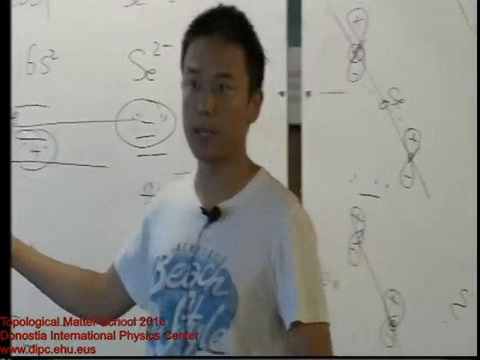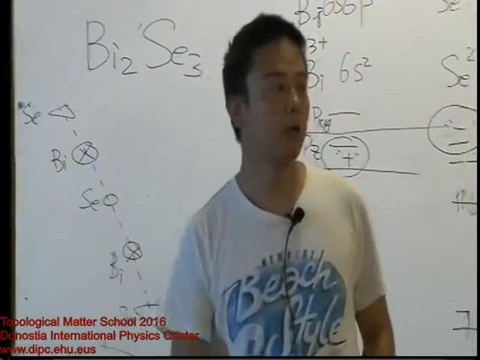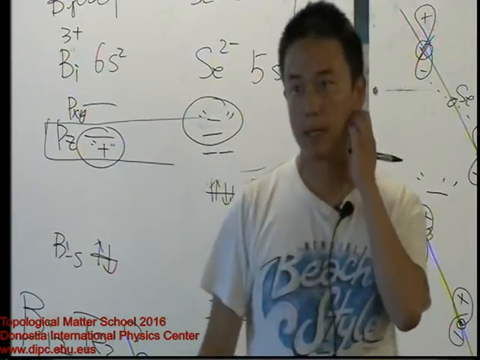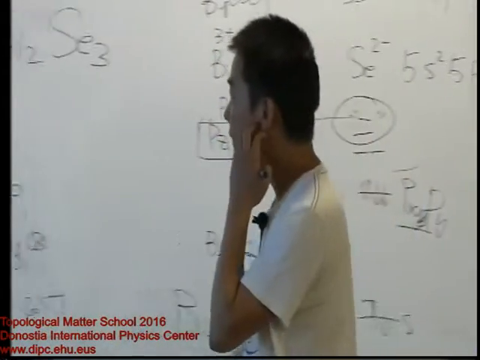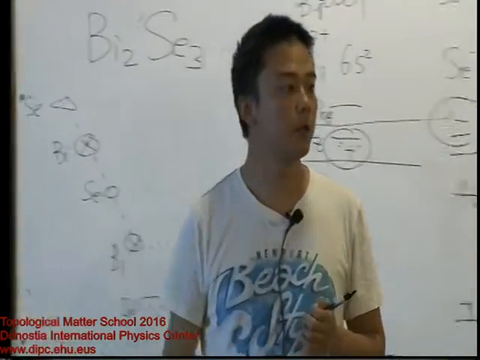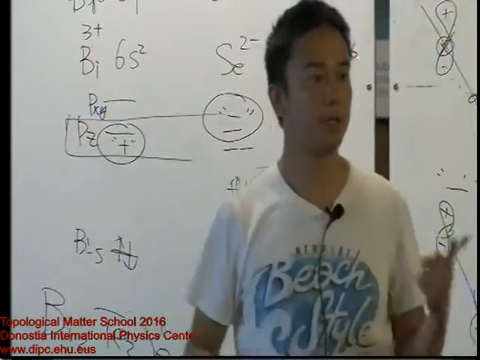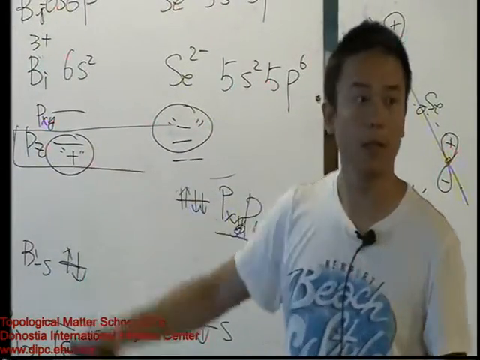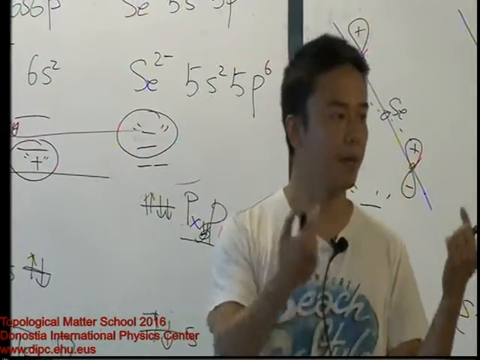And actually this is exactly the case of a three-dimensional Dirac semi-metal, as you will learn in the afternoon. And here, if we assume inversion symmetry and time reversal, all the bands are doubly degenerate. At this crossing point, every band has spin alpha and beta.